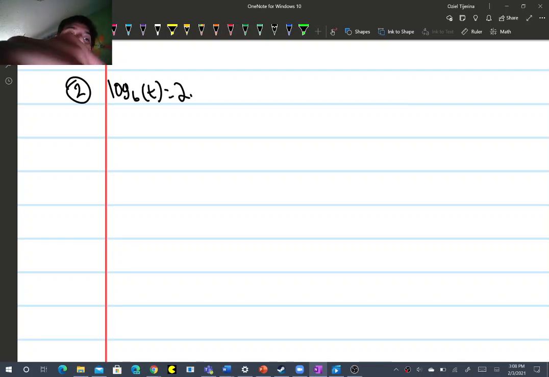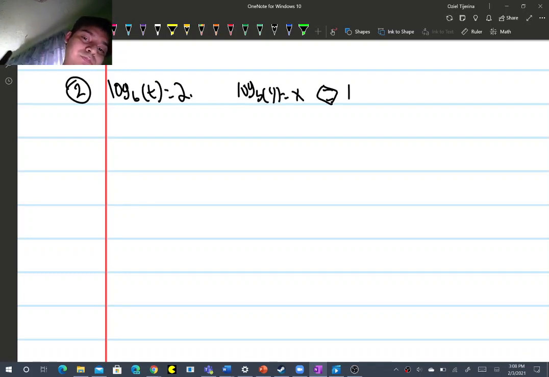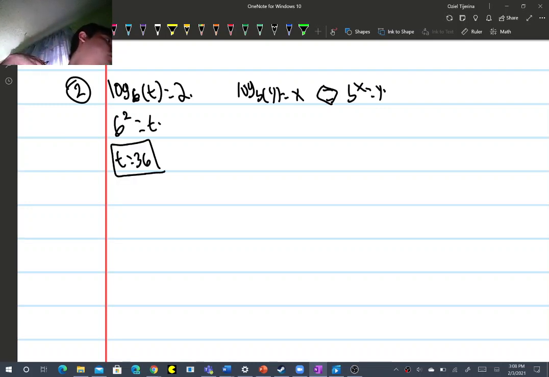So I can get my 6, and I can look at my 2, and I can say, oh, 6 squared is going to be t. So t equals 36. That's how you would do it.